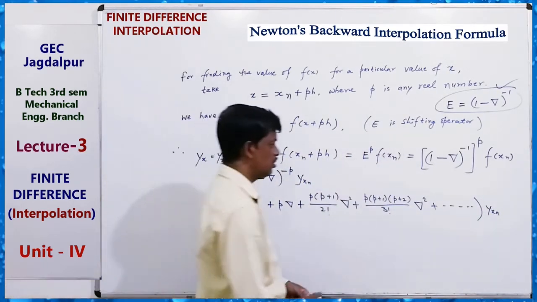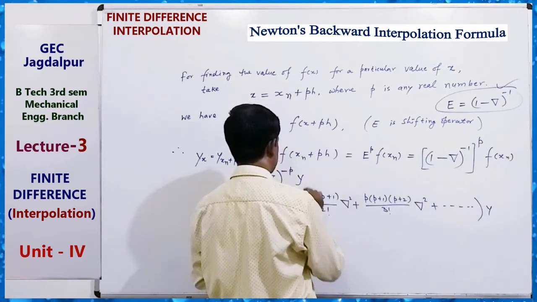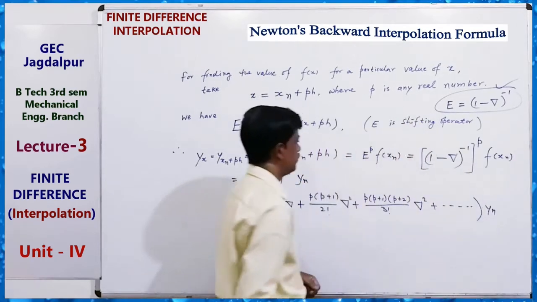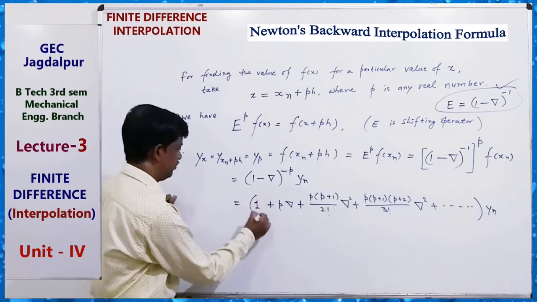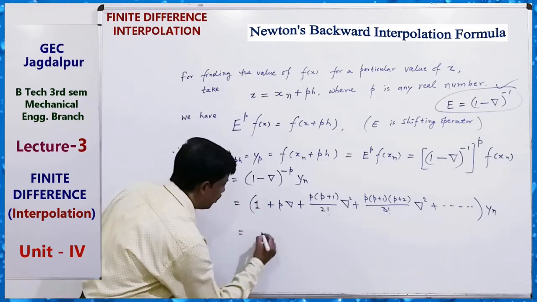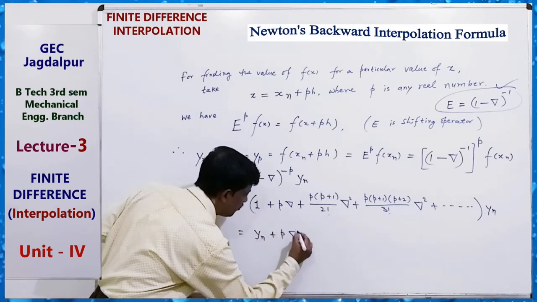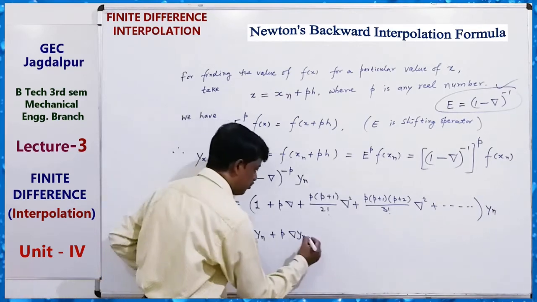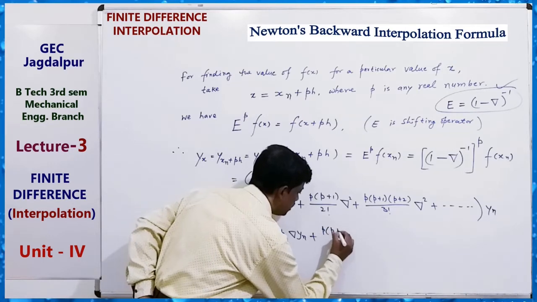Okay, xn, not yn. Clear? Now apply it: yn plus P backward del of yn, the first backward difference of yn. Then P into P plus 1.